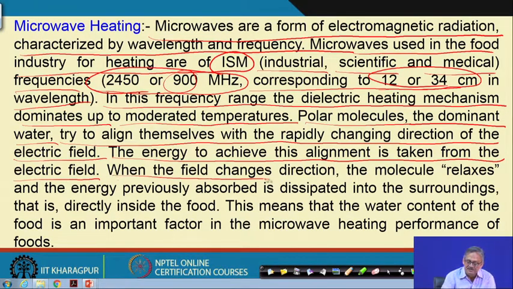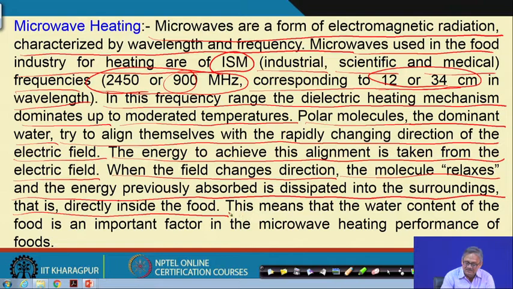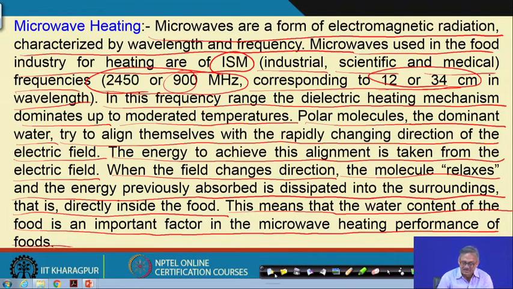When the field changes direction, the molecule relaxes and the energy previously absorbed is dissipated into the surroundings, that is directly inside the food. This means that the water content of the food is an important factor in the microwave heating performance of the foods, right.